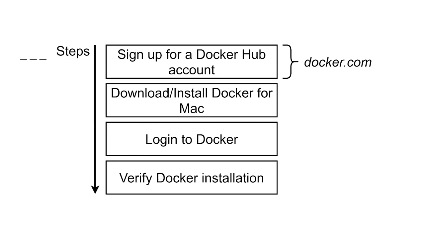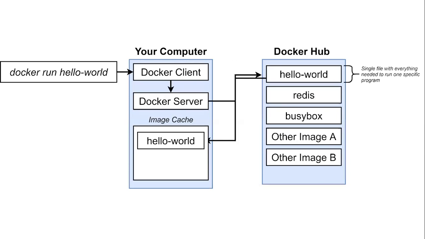Now the question is, once you have installed Docker, how would you confirm if the installation is successful? We generally run this program, docker run hello-world. We run this in the Docker client, and the Docker client internally communicates with the Docker server, which tries to find this hello-world image.